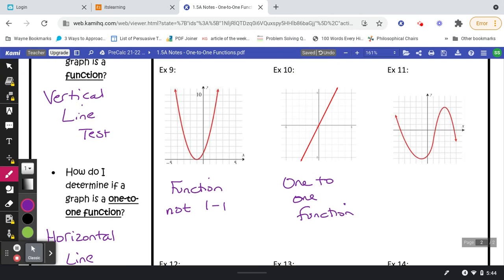Example 11. Check your vertical line test and your horizontal line test. All right, it passes the vertical line test, so it is a function, but it's not one-to-one.